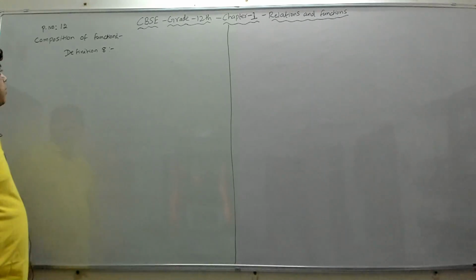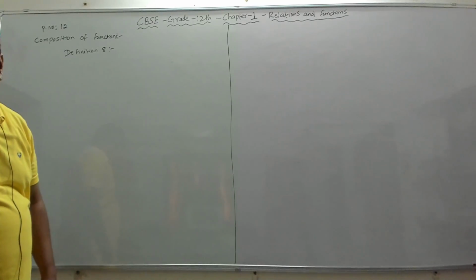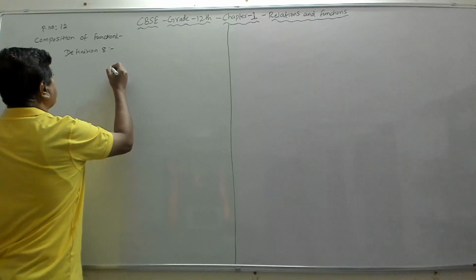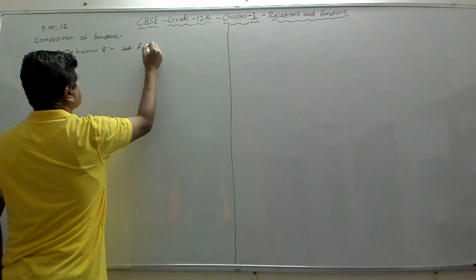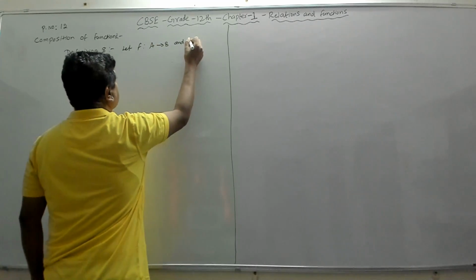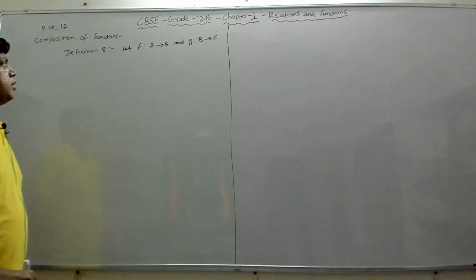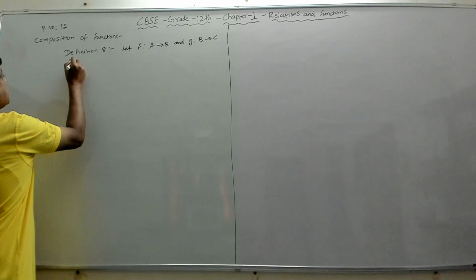I'll start with the definition of composition of functions, which is definition 8 on page number 12. So the definition is, let f be a function from A to B and g be a function from B to C. Be two functions.